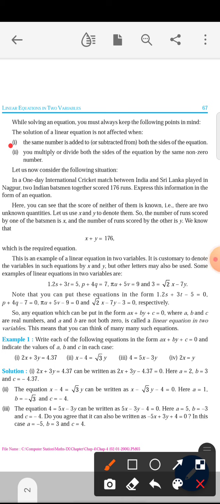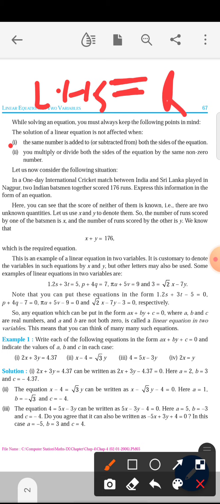Any equation has an equal to sign, and the left side is the LHS and the right side is the RHS, that means right hand side. So we have two sides in an equation.